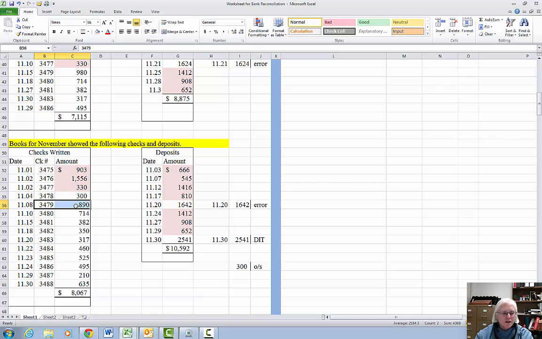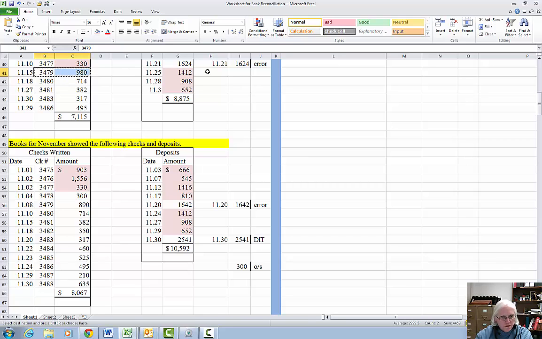Okay. So check 3479 for $890. 3479 cleared the bank for $980. So here's another error that we have. So let's see, I'm just going to take one at a time.